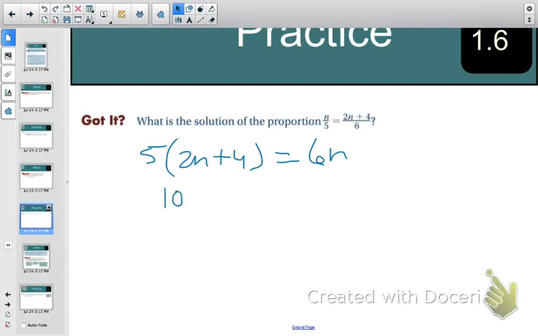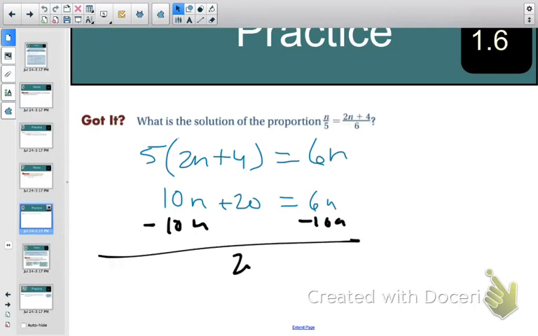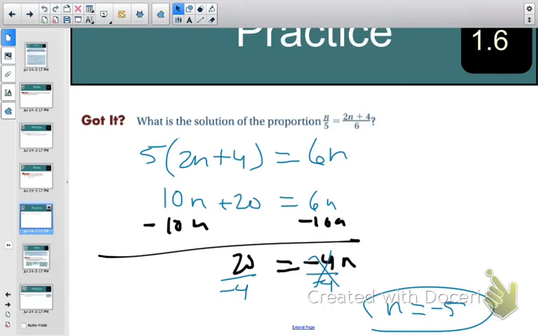That would have gotten you to 10n plus 20 equals 6n. In this case, we probably just want to move that 10n over, even though it's bigger, since there are no other constants on that side. So minus 10n, we get 20 equals negative 4n, and then dividing by negative 4, we are left with n equals negative 5. So that's what you should get on that one.